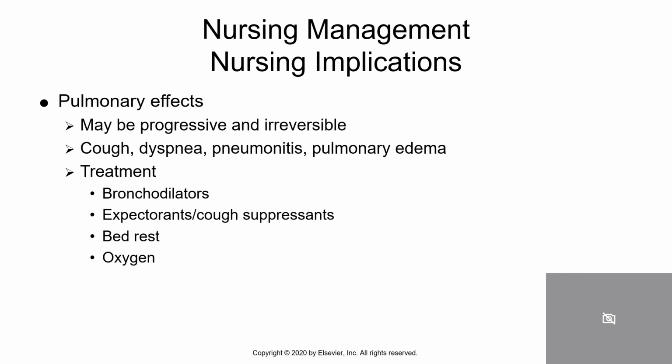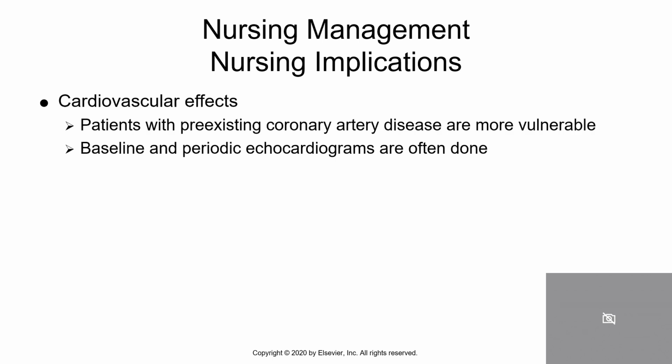And then immediate effects of radiation as far as the pulmonary system can actually be quite alarming because they mimic symptoms that caused or precipitated the cancer diagnosis in the first place. So like dry cough, dyspnea, and those types of things. Treatment would include bronchodilators, expectorants or cough suppressants, bed rest if needed, and oxygen.